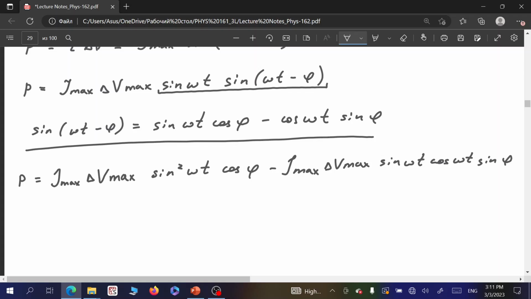So we have two terms which will define time dependence of electric power.